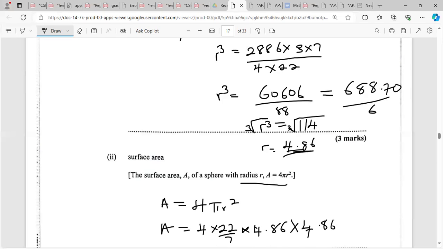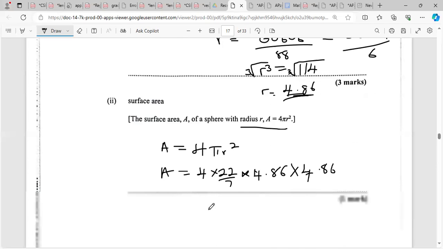Put my calculator to work. Alright, we'll do the top first, then divide by 7. So 4 times 22 times 4.86 times 4.86. That gives me 2078.